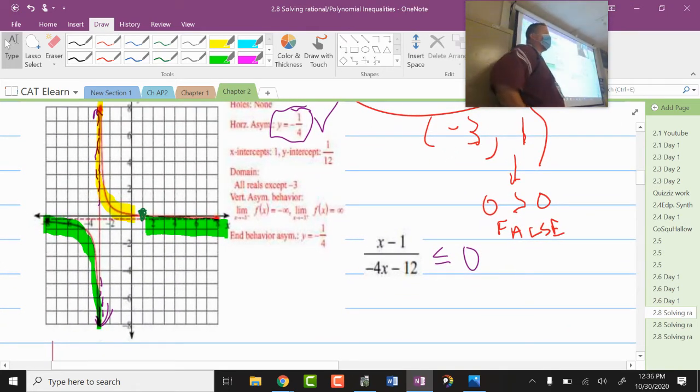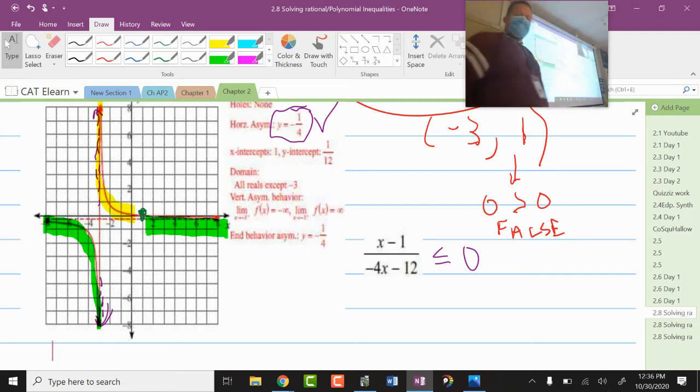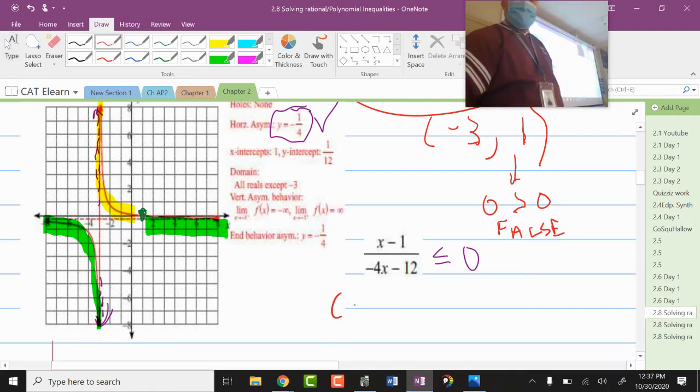So what's the answer? Are we looking for yellow or green? Green. Okay. All right. So what do we got for answers? Got it. Nice.